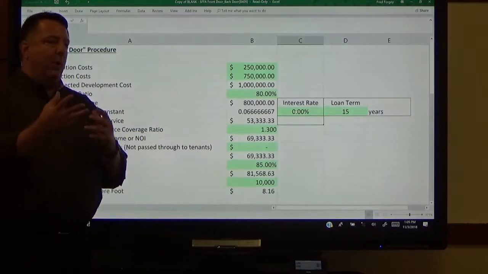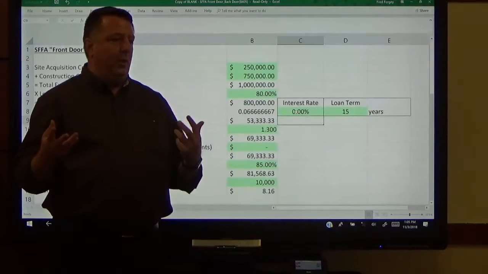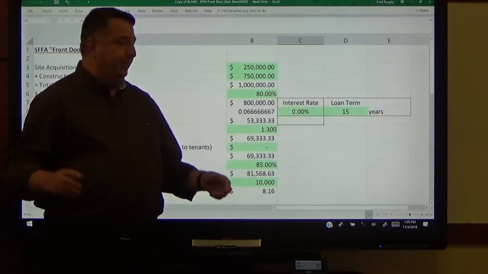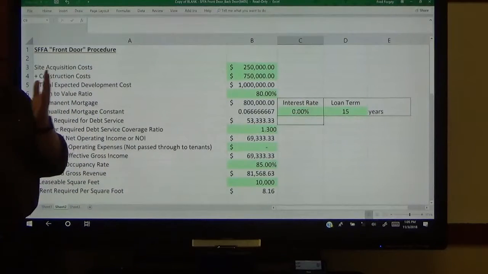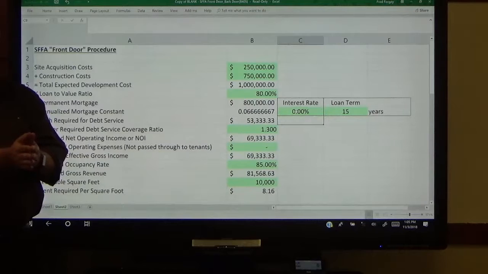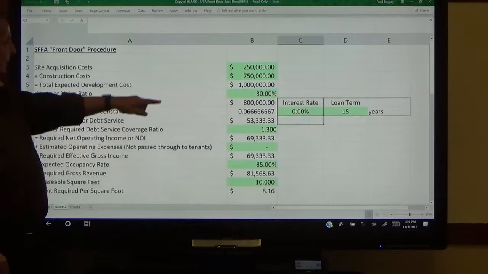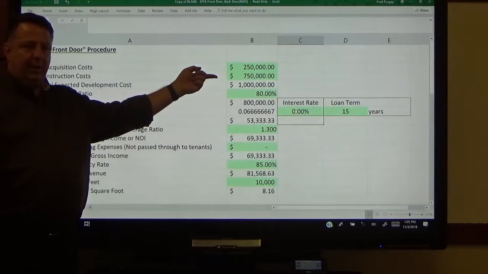Okay? So my point being is every developer, investor, is going to have their own set of criteria making up those variables. For example, you may have a developer who's also in the construction business. Well, if that's the case, they may be able to shave off some money on the construction cost that you're having to pay, in essence, part of their profit or overhead.